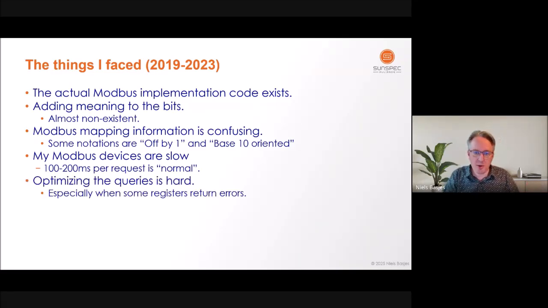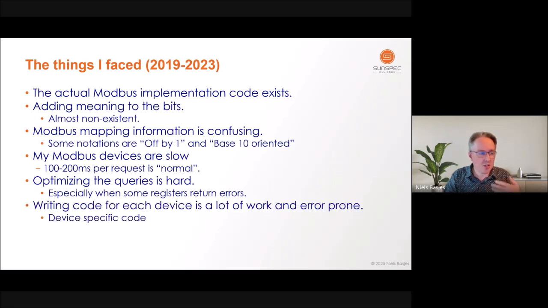So optimizing the queries became a necessity, but also really hard, because some devices return an error on some fields because it's a not implemented feature on the machine I have. As a consequence, all of this code was really one-off, error-prone, very device-specific, and not reusable in any way.